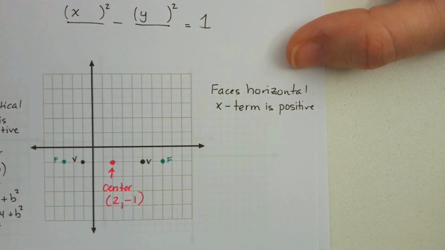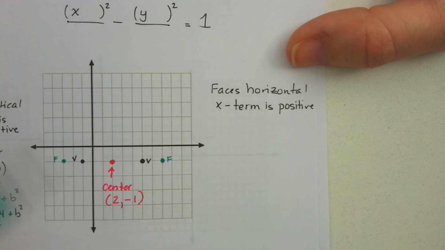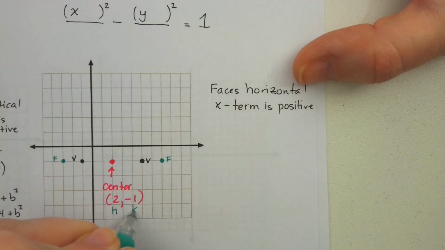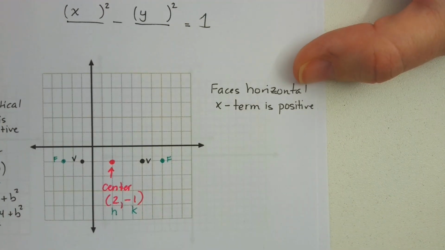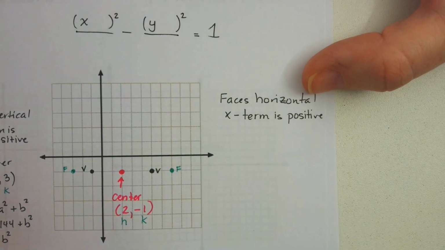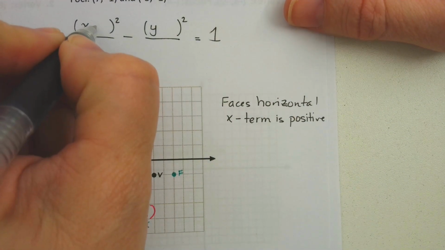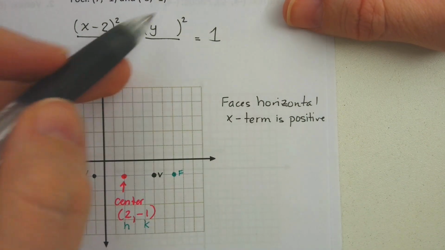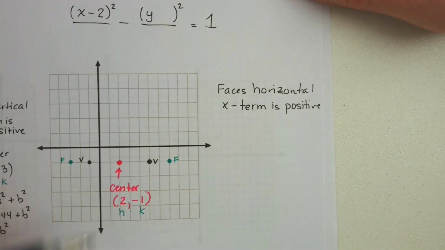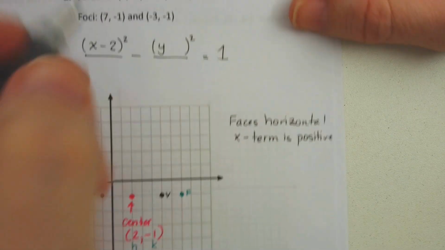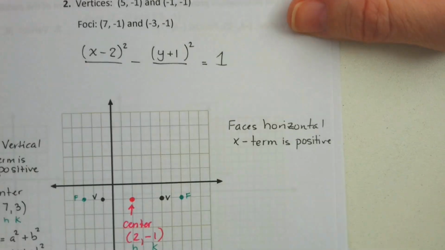Which are our h and k. Which one is paired with the x? The 2, the h. Very good. So what are we going to write in the x parenthesis? X minus 2. And what are we going to write in the y parenthesis? Y plus 1, because minus on the negative 1 would turn into a plus 1.